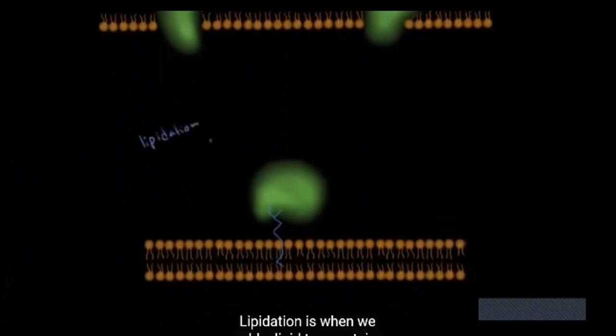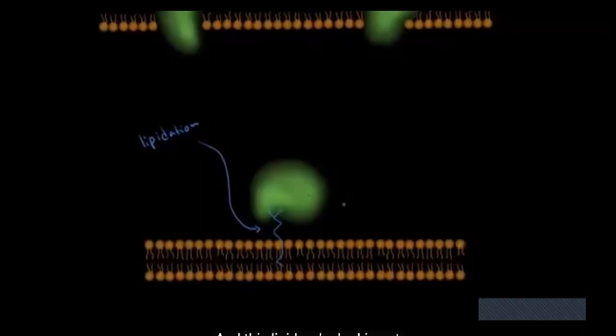And lipidation is when we add a lipid to a protein, also a protein that's going to be attached to the cell membrane. And this lipid we're looking at is actually an example of a GPI anchor. And GPI anchors are lipids that help to attach or tether proteins to the cell membrane.